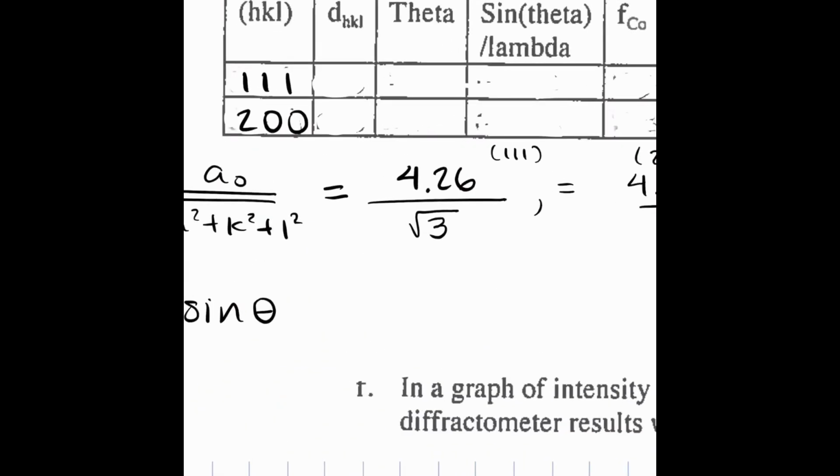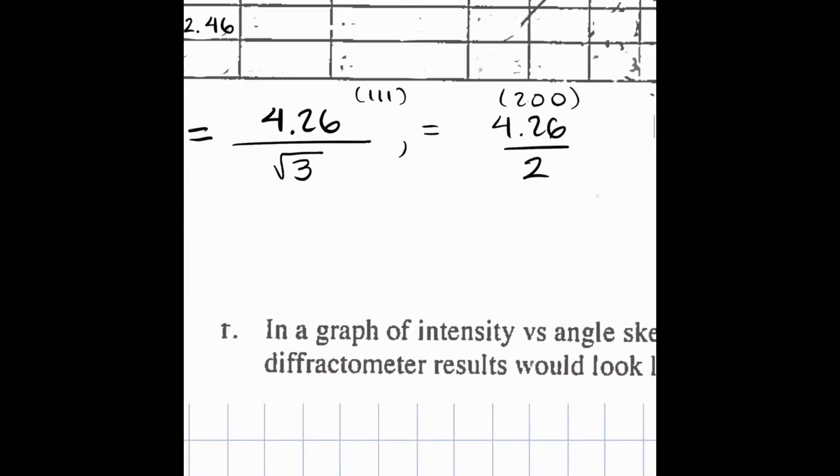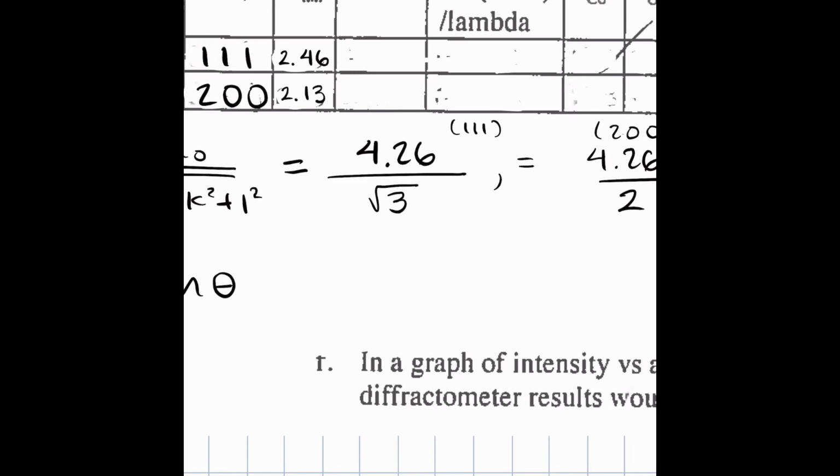And for the 200 it's going to be 4.26 over 2. Right. So go ahead and calculate these. 4.26 divided by the square root of 3. That's going to be very small, 2.46 angstroms. And for 200, it's just going to be 2.13 angstroms.